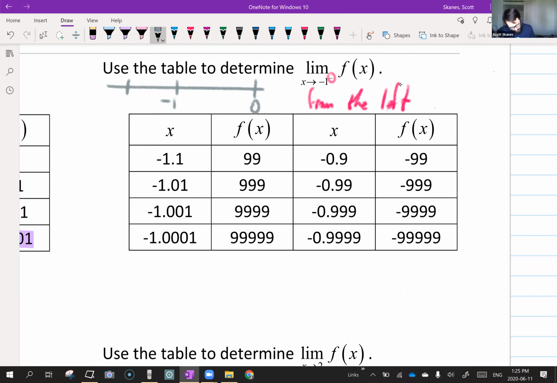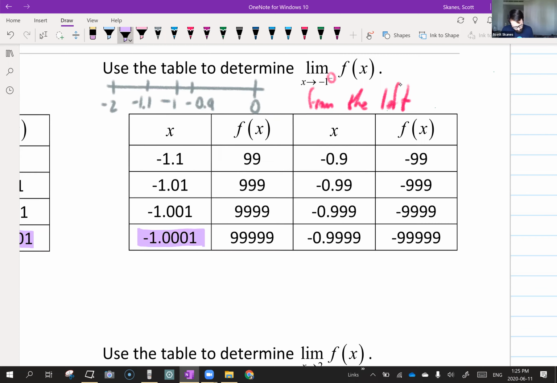So really, you'd imagine -2 would be over here somewhere. So -1.1 is over here somewhere. And as we get closer, it's -1.01, -1.001, and so on. On the right side of it is actually -0.9, which is why students sometimes have trouble with this. So think about it clearly. But let's just go to the point.